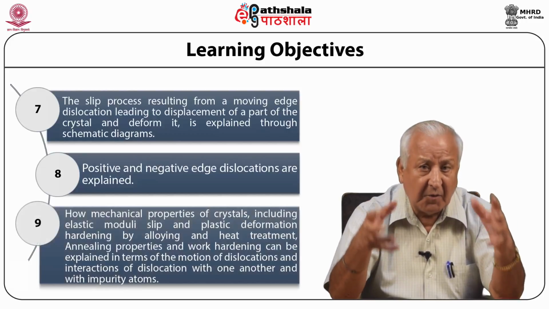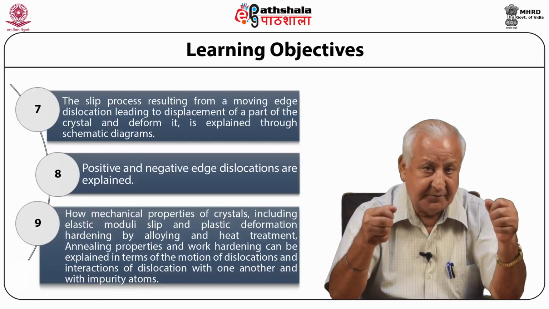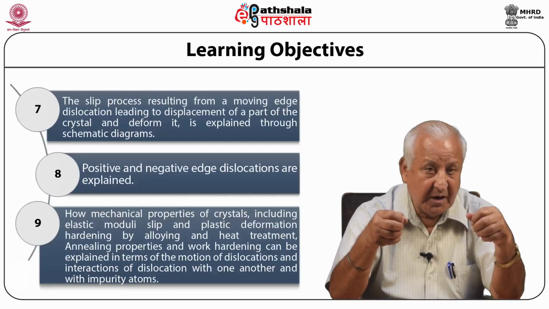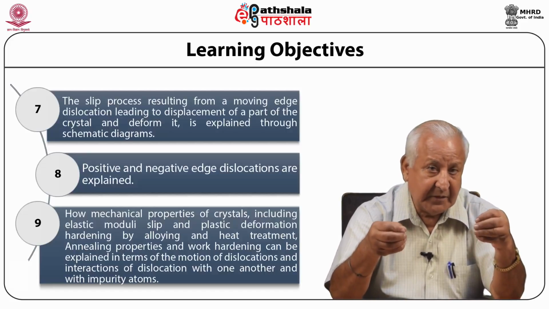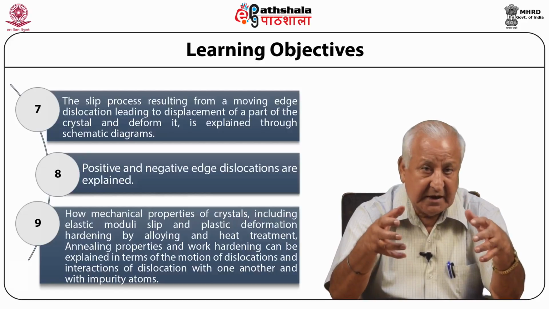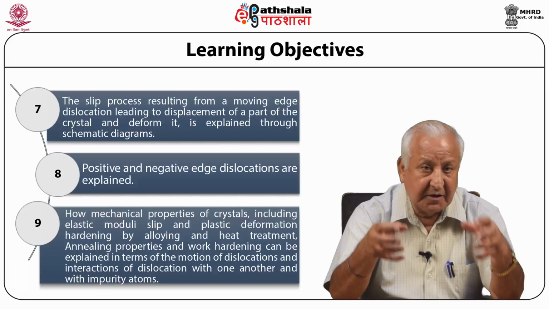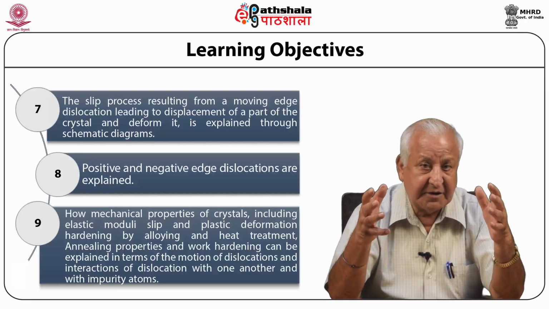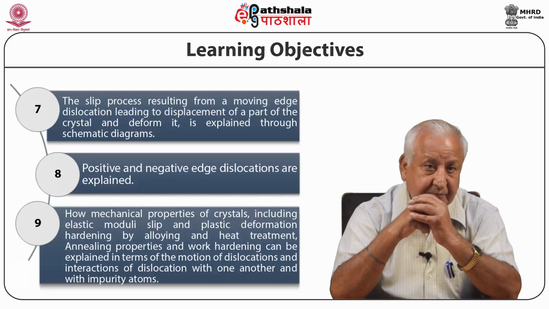How mechanical properties of crystals, including elastic moduli, slip and plastic deformation, hardening by alloys and heat treatment, annealing properties, and work hardening can be explained in terms of the motion of dislocations and interactions of dislocations with one another and with impurity atoms.